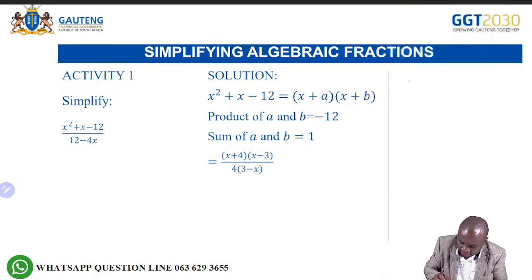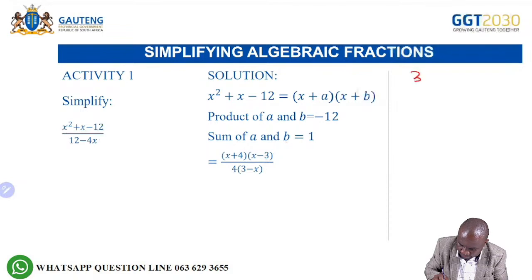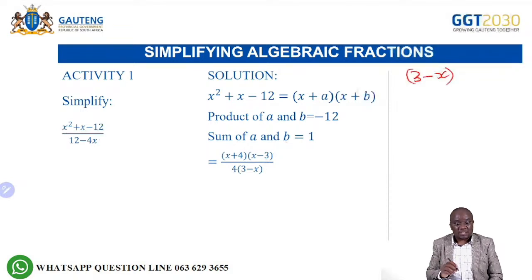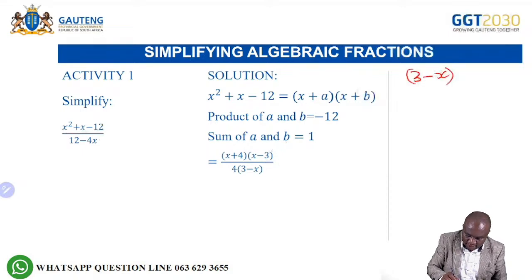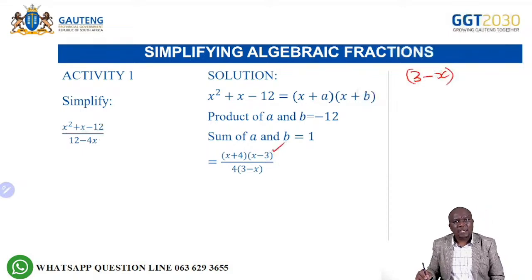Right, we are here now. So we have 3 minus x. We want to make this one become x minus 3 so that we can have same bracket, x minus 3. So what do we do? Remember what we do. We factor out negative 1.